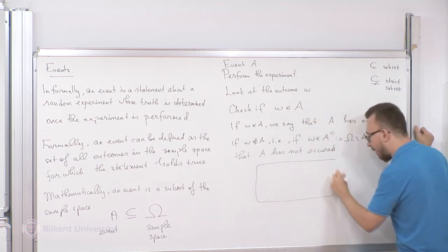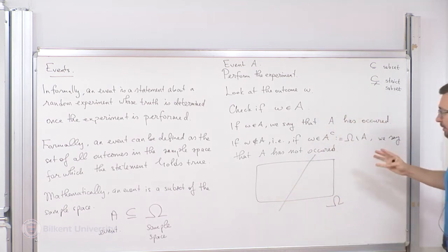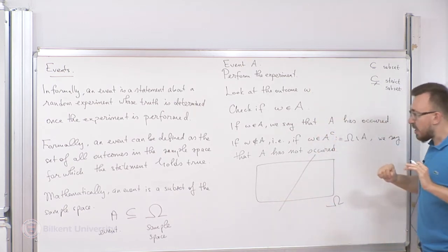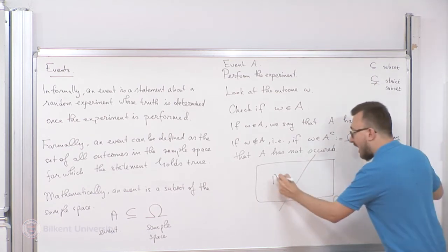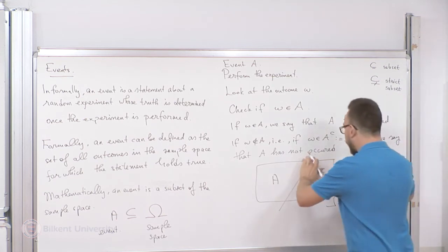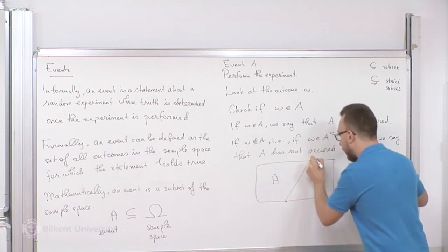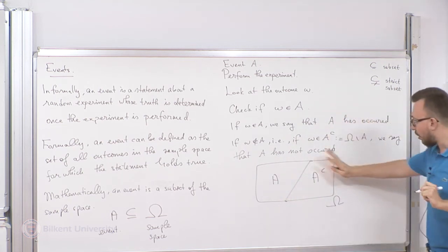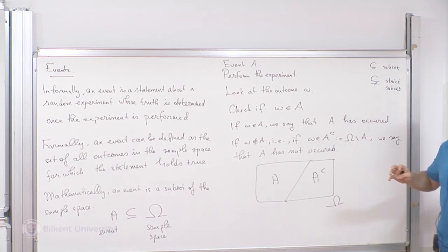So you have your sample space, and this is your world, right? This event partitions your world into two parts, A and not A. Let me just draw it clearly and carefully. So this is the whole world. This is a set of all possible outcomes.